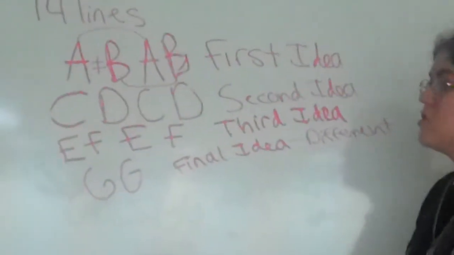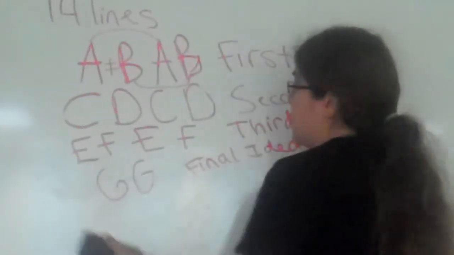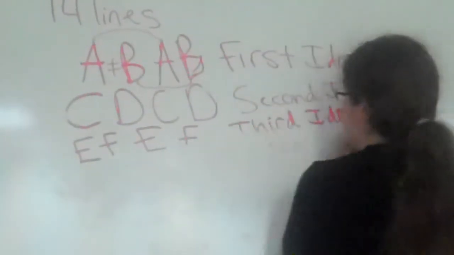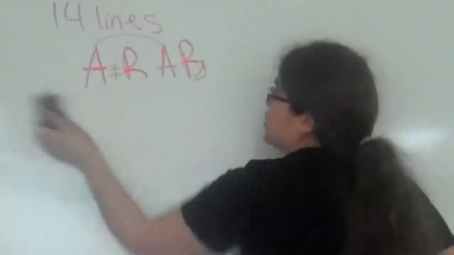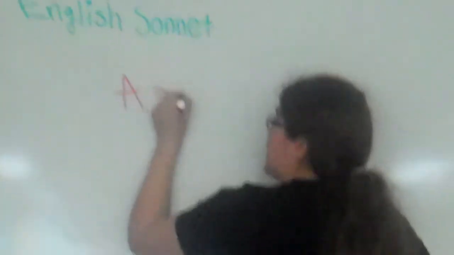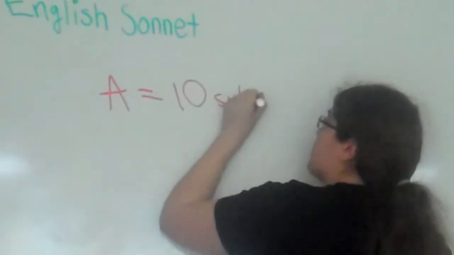So then something else that is very important is the metering, which is the beat that each line goes through. So if you're going by that, say you have A for the first line, that takes 10 syllables.